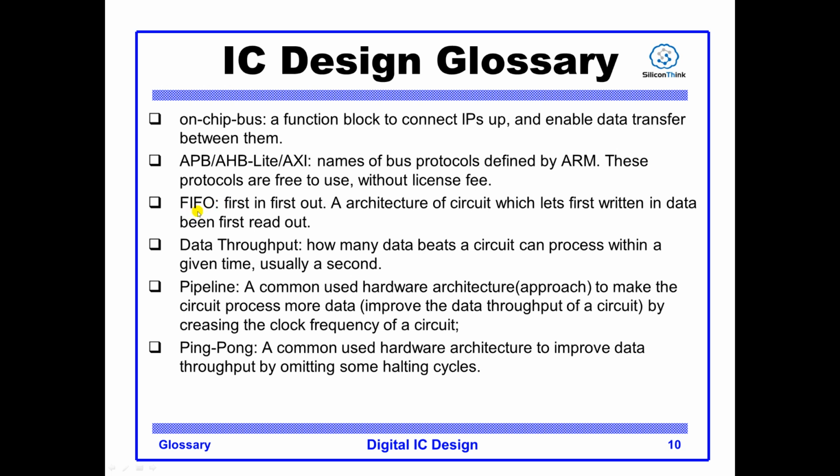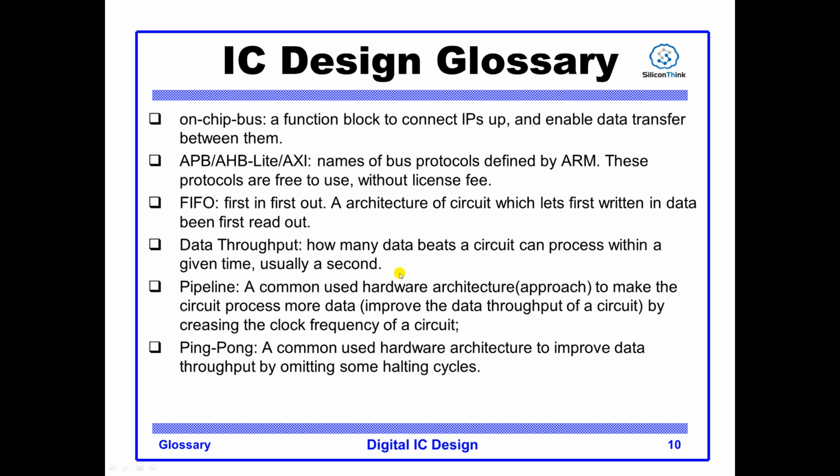FIFO, first in, first out. This is a circuit architecture which lets the first written data be the first read out. Data throughput calculates how many data bits a circuit can process within a given time, usually a second.